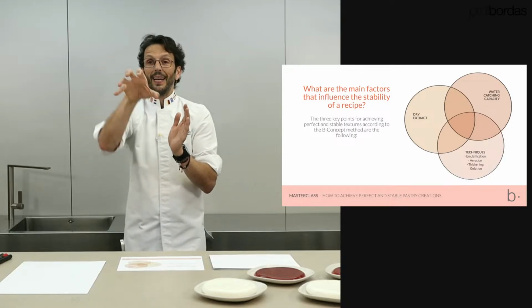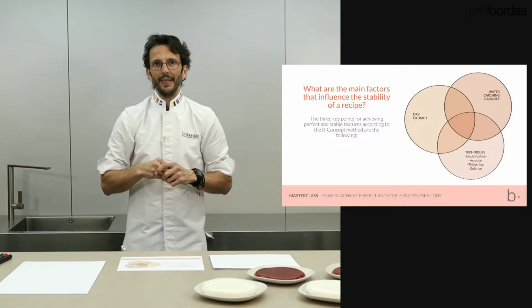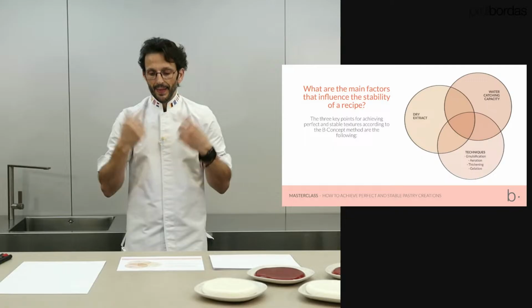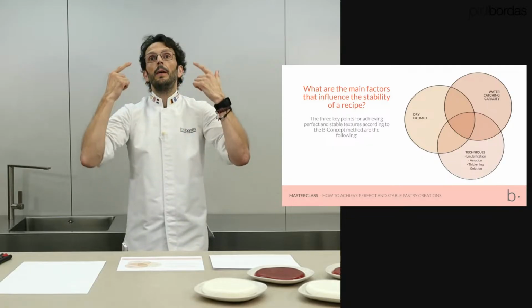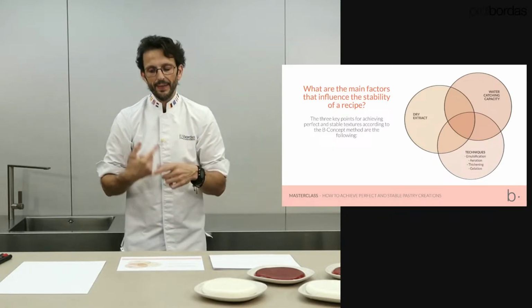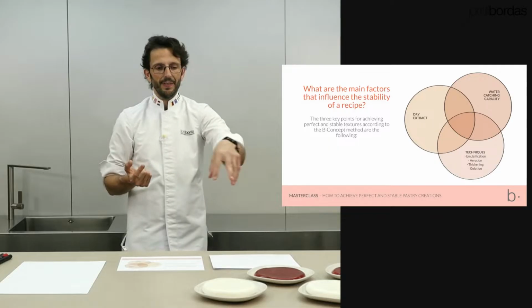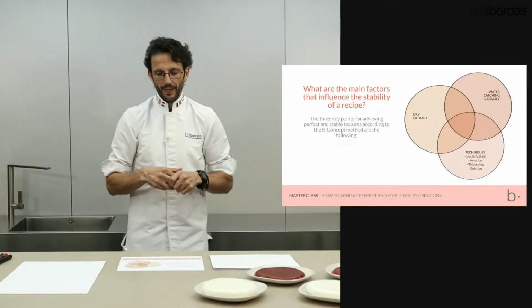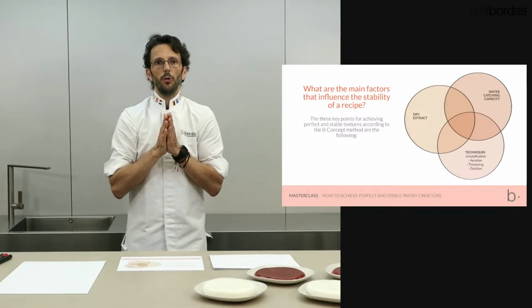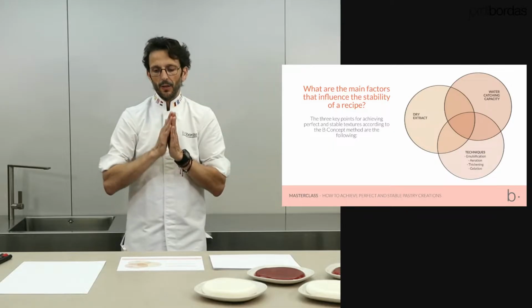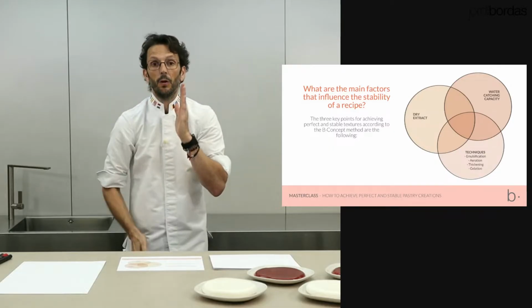All these molecules have a high binding capacity with the water. And then another solution is to introduce more techniques. I will explain this through the examples of the recipes a little bit later. So the solutions can be more dry extract, or more water catchment capacity, or more techniques.